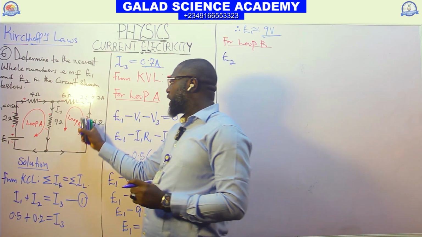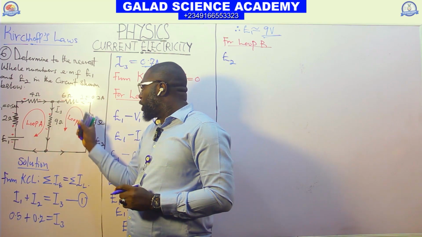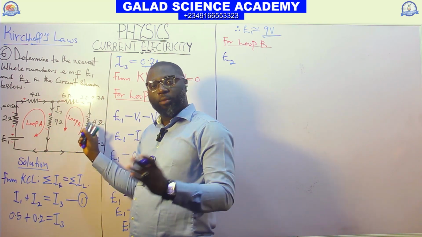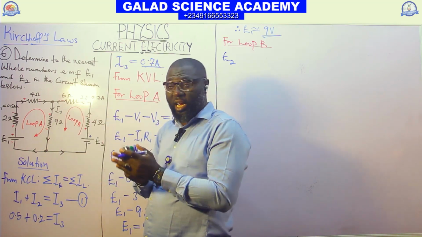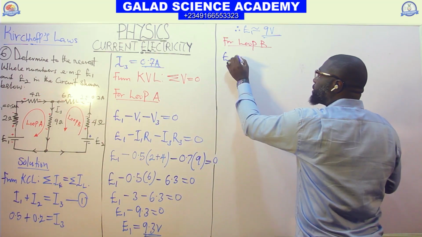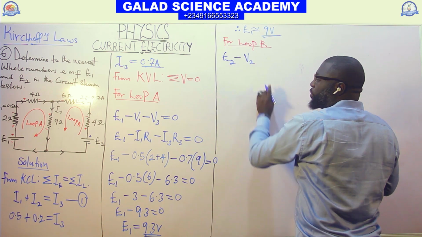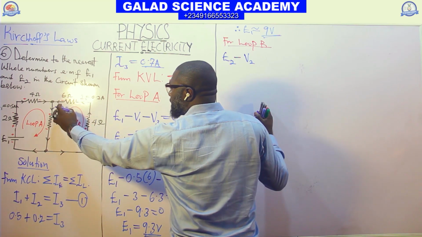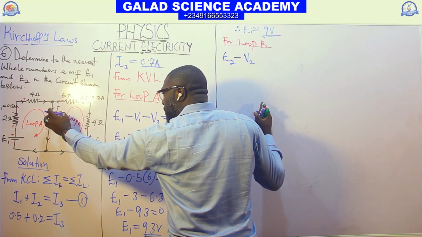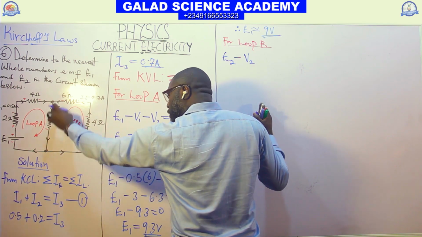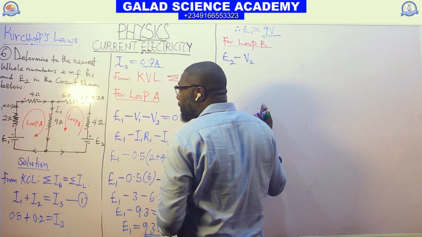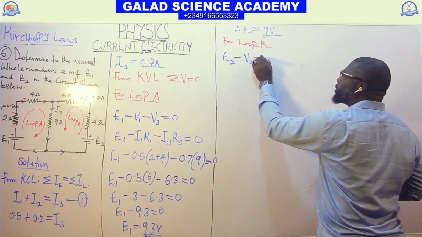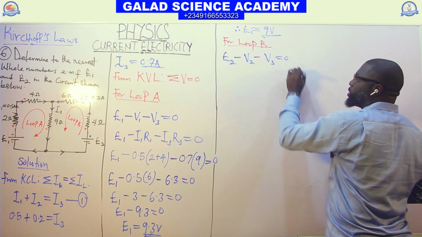Then the voltage for this, we have 4 and 6. The same current passes through them. They are in series. You add them together. So can I say minus V2, because the voltage drop here, then it's going like this, from positive to negative, also drops, minus V3 equal to 0.